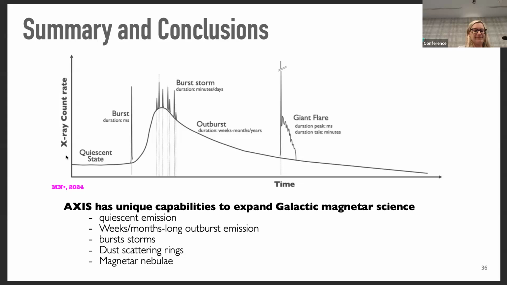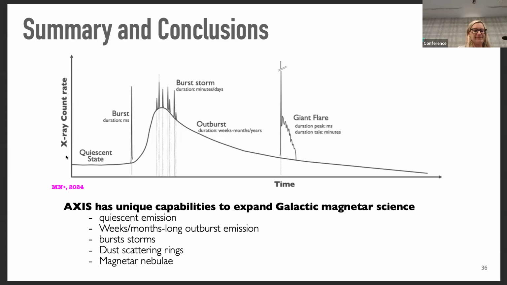I just want to ask about the possibility of studying future giant flares, or maybe not only future, that are in our galaxy. There were some flares, not too many, from magnetars in our galaxy. For example, an outflow was detected in radio in an expanding nebula for 1900.